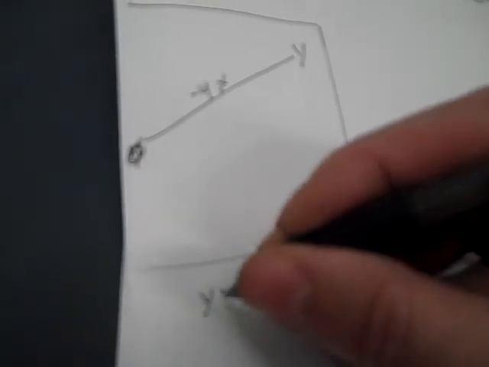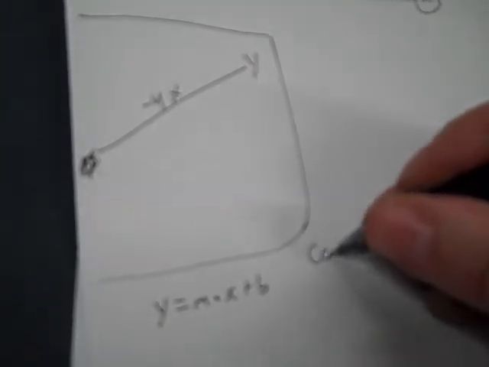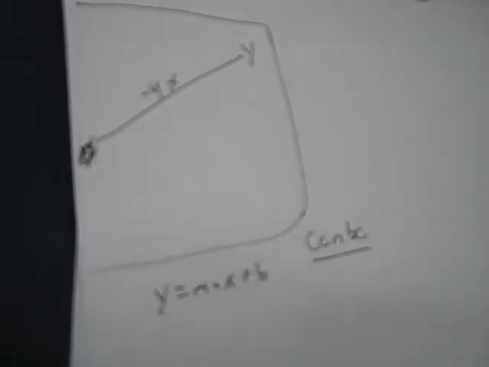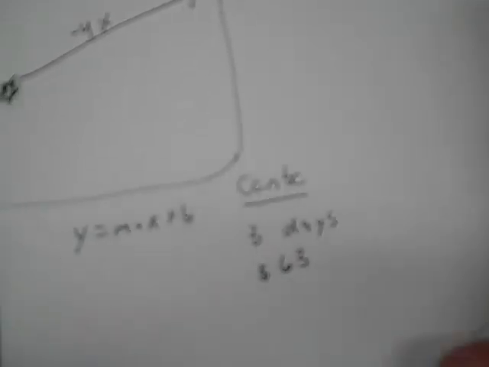So y equals m dot x plus b. And we are going to need a combo for this. 3 days, I had $63, so those are in the same sentence. They will work for a combo. Okay, you can also use 6 days and $51. They'll be the same thing.